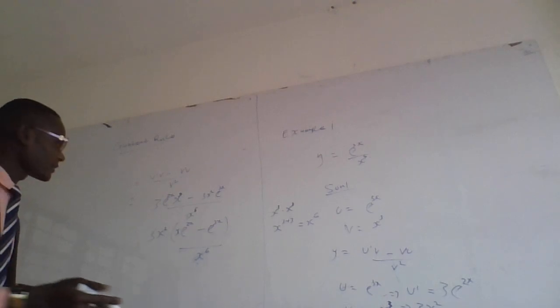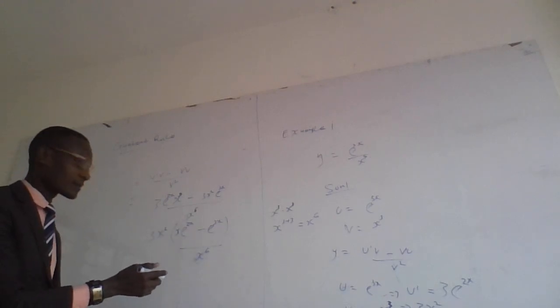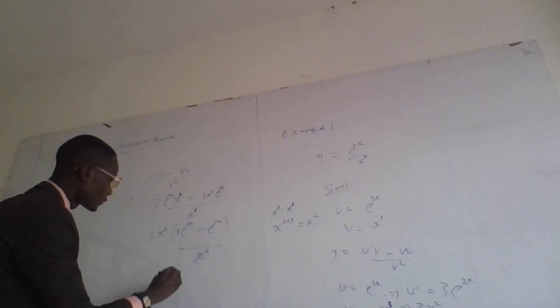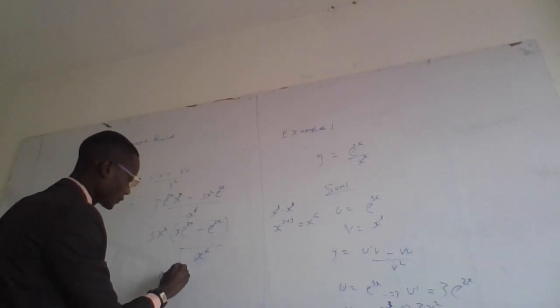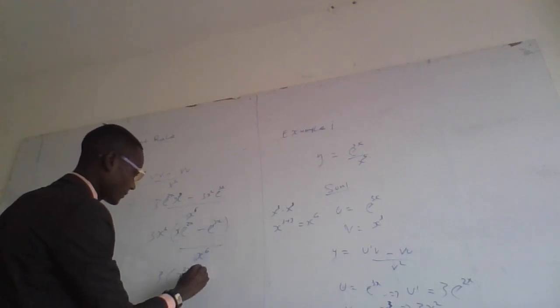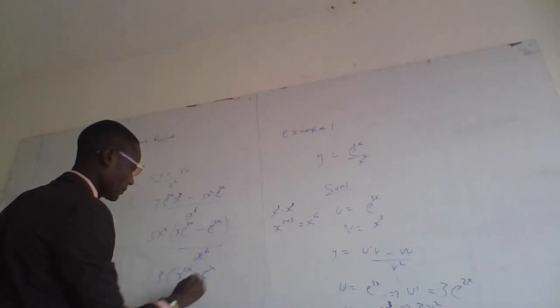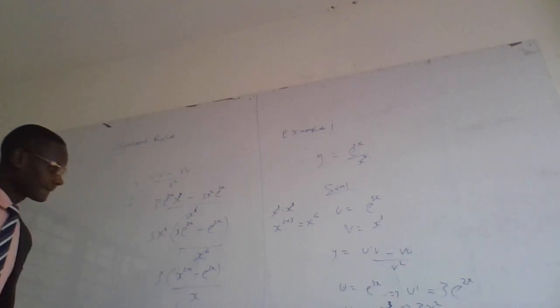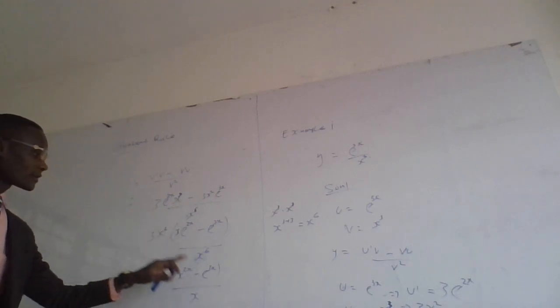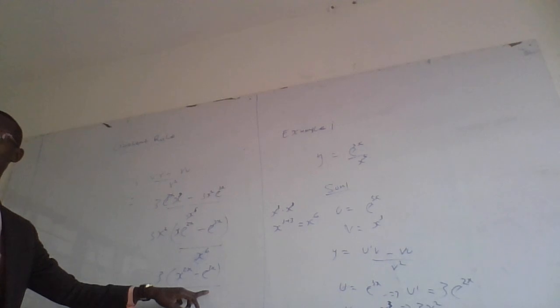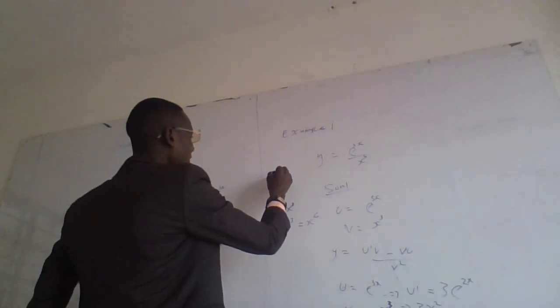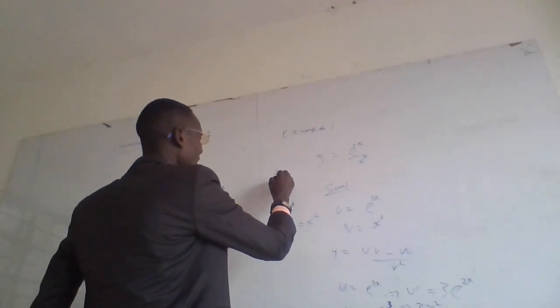Then from here we can do some simplification again. We can still simplify further. We have 3 into x into this one minus this, over x. What do you do if you have x power 2 over x power 6?